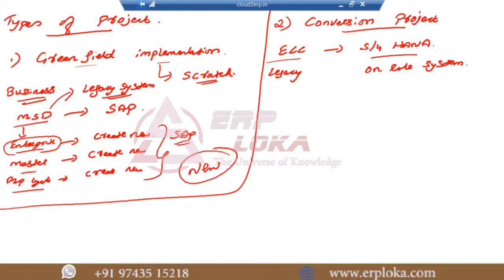Whenever we say conversion project, we are going to convert the ECC system into an S/4HANA system. Here, in most of the cases, we are going to copy everything. We are going to copy the enterprise structure. Enterprise structure will already be in the legacy system. We will already have it in the ECC system. We will directly copy it to the S/4 system.